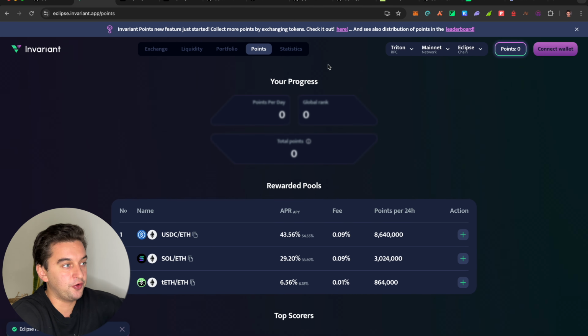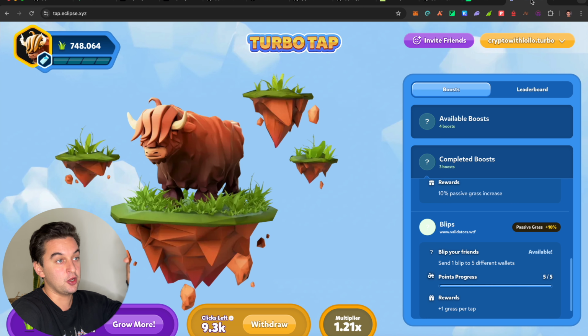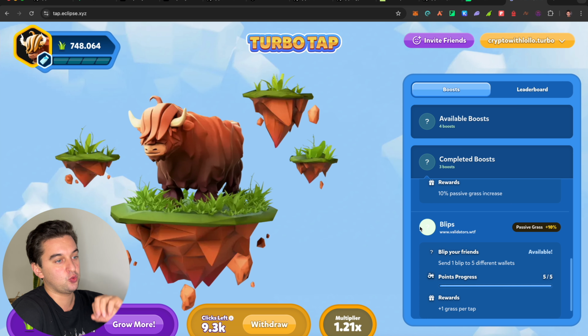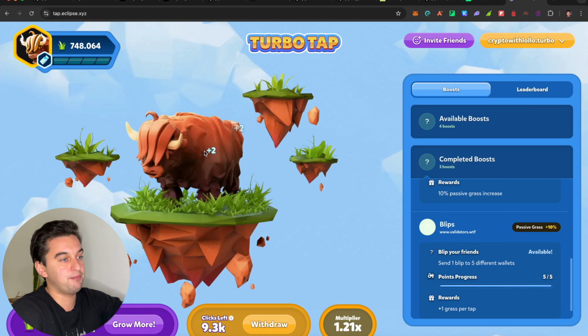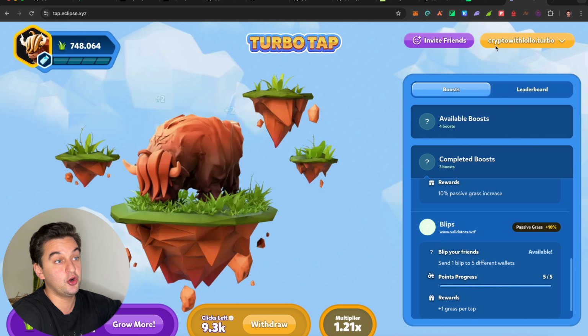So I'm sure Invariant will also come out very, very soon, whether in terms of swapping volume or, most likely, providing X amount of liquidity. So I will go and work on the Invariant airdrop and the Invariant quest as well, to amplify my portfolio and the total amount of grass per hour that I am earning.